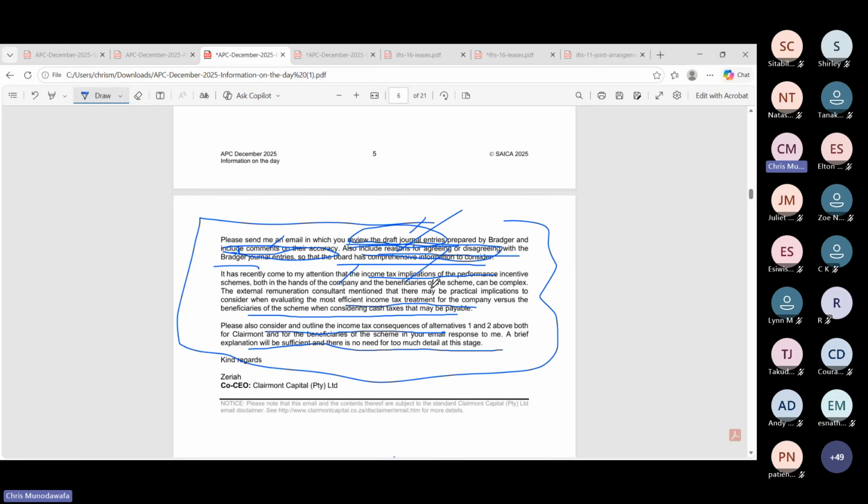Then when it comes to income tax implications, in the hands of the company and the beneficiaries. The fastest way to pass APC is to discuss in the hands of the company and see that they want both the company and the beneficiaries.